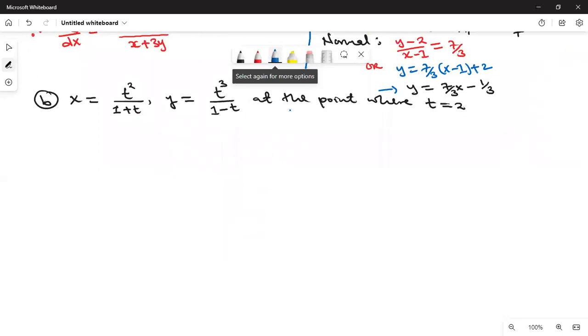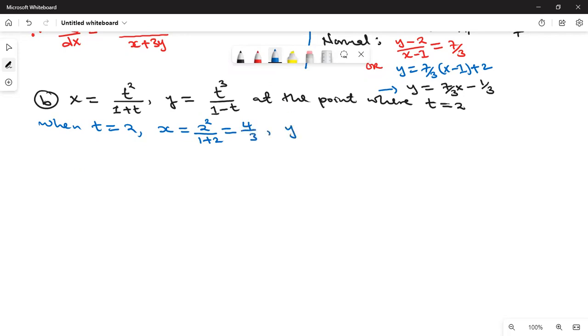Solution. When t equals 2, x will be equal to 2 squared over 1 plus 2, which equals 4 over 3. And y will be equal to 2 cubed over 1 minus 2, that is negative 8.